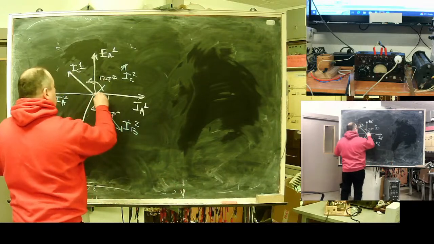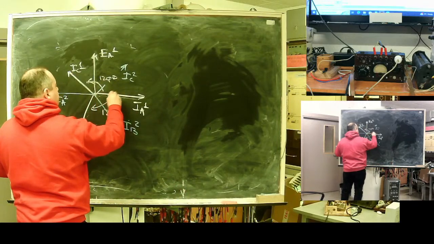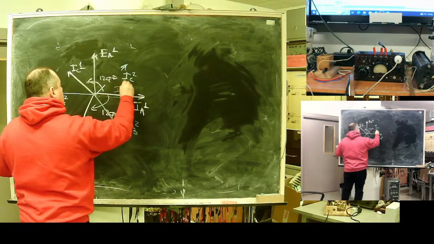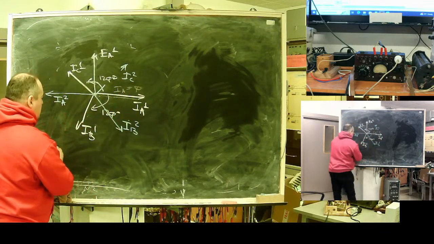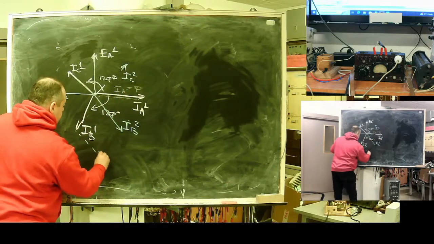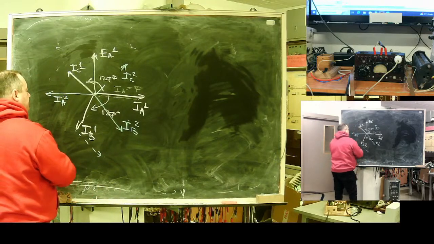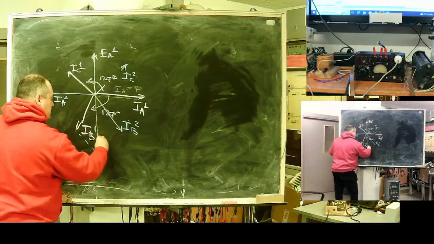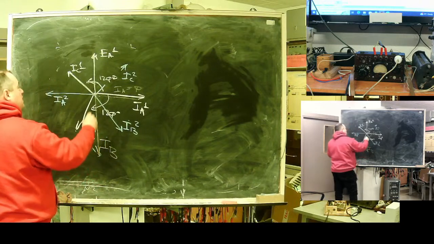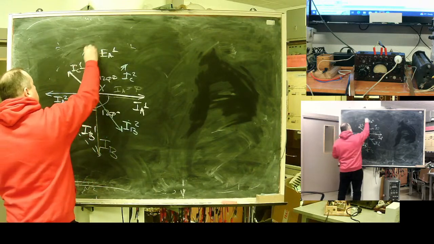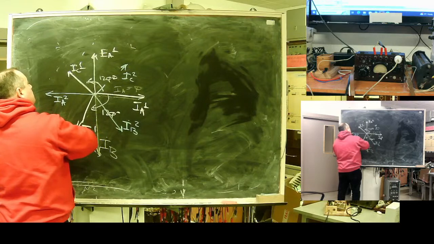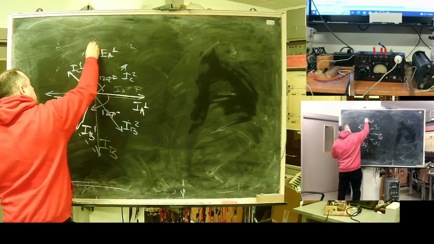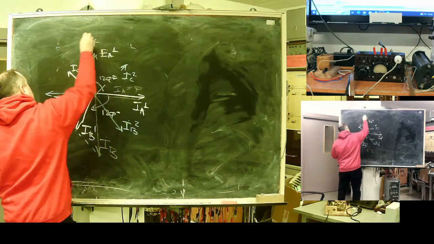So A phase current will be 0, and the sum of this will be my B phase in the ideal case, and something like this will be my C phase in reality.